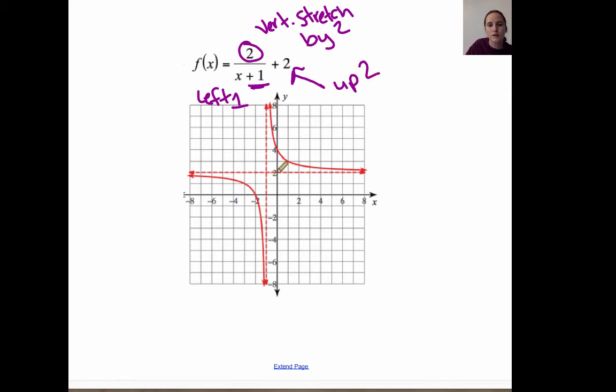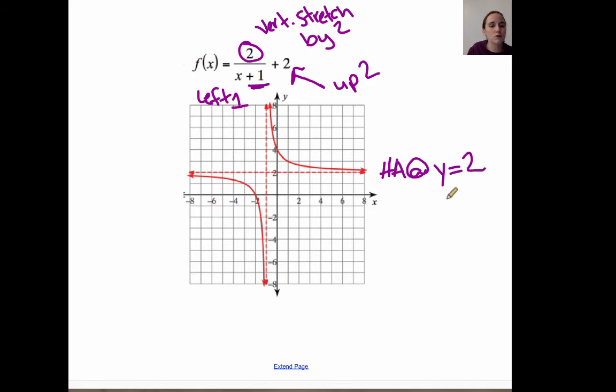Okay, so notice, if we had the original parent function, we would have a vertical asymptote on the y-axis and then one on the x-axis. But because we've moved it up 2, the horizontal asymptote is now at y equals 2. So you have a horizontal asymptote at y equals 2. This is the format.